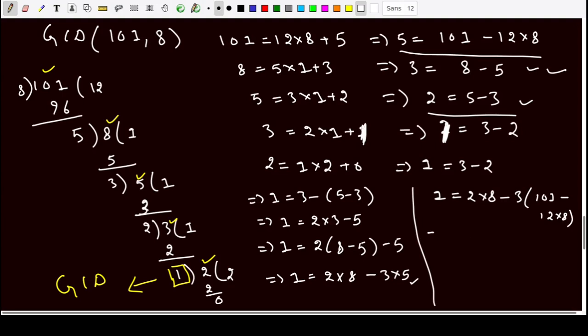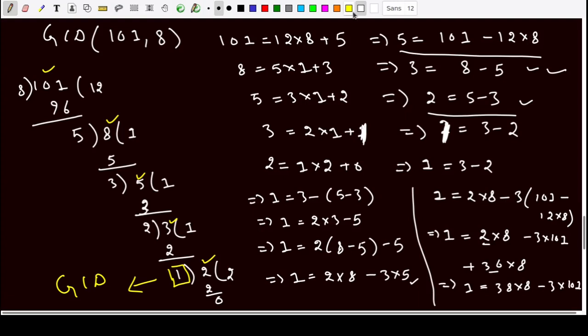So 1 equals 2 into 8 minus 3 times 101 plus 36 times 8. So 1 equals 38 times 8 minus 3 times 101.